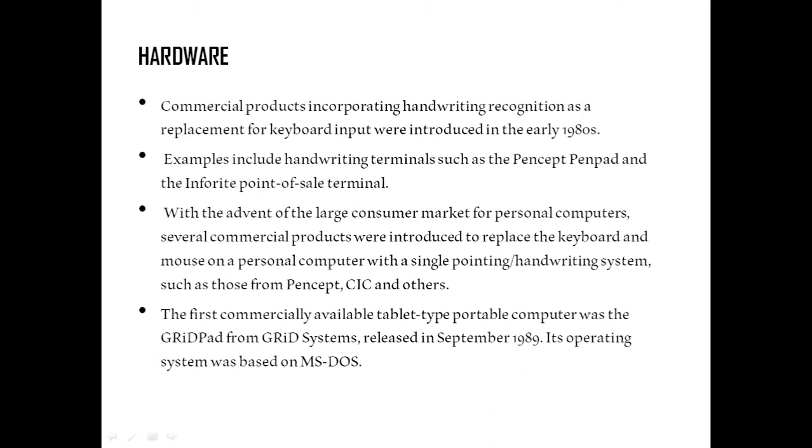With the advent of the large consumer market for personal computers, several commercial products were introduced to replace the keyboard and mouse on a personal computer with a single pointing or handwriting system, such as those from Pencept, CIC and others. The first commercially available tablet-type portable computer was the GridPad from Grid Systems, released in September 1989. Its operating system was based on MS-DOS.